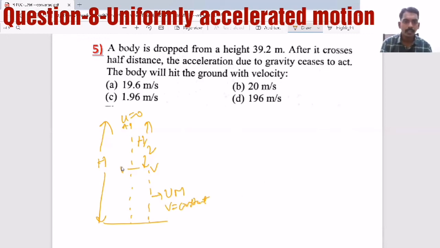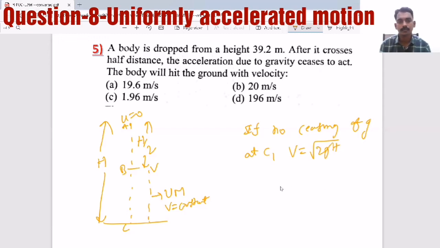Let's take again A, B, C. If it travels from A to C with acceleration, with no ceasing of acceleration, then at C the velocity is root 2gH.